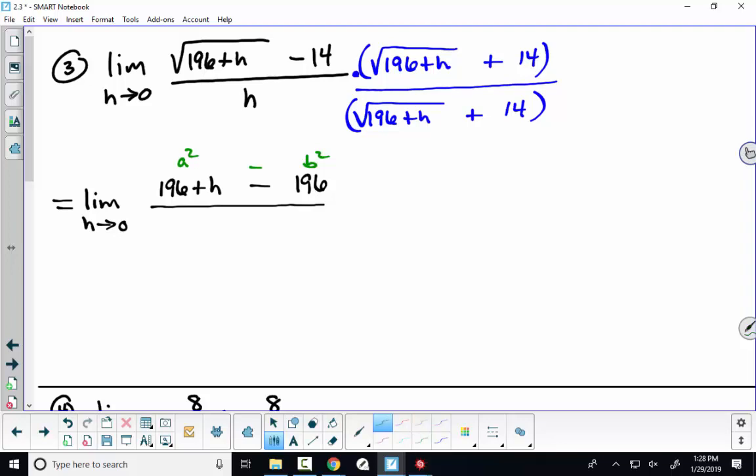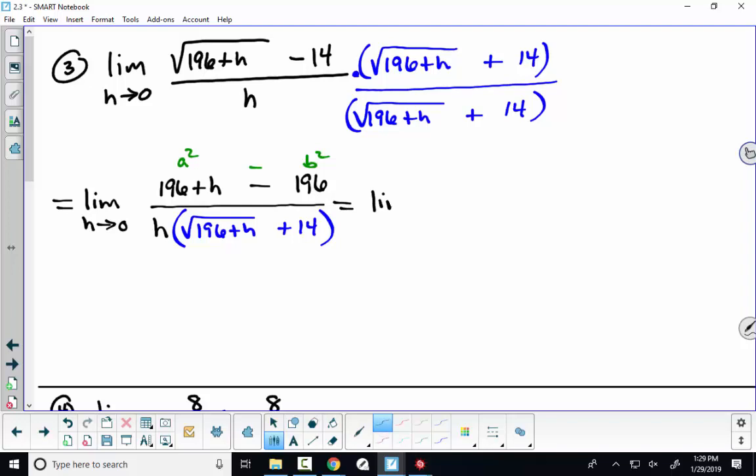Again, we're going to leave the bottom alone because we're hoping to get rid of this factor here. When we combine like terms in the numerator, we're just left with h in the numerator.